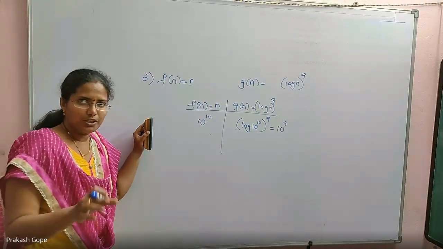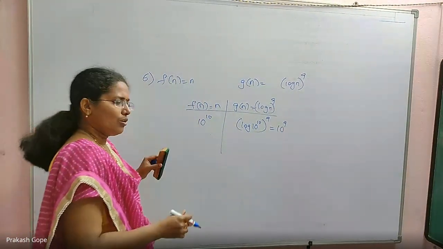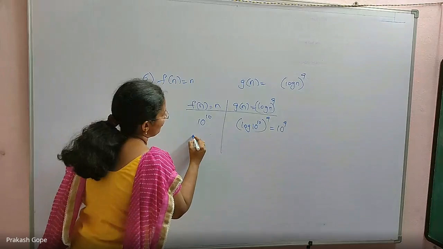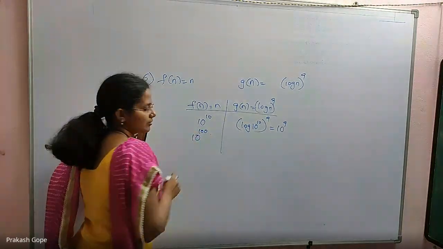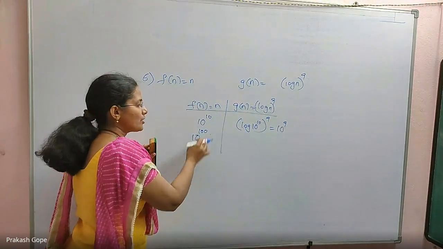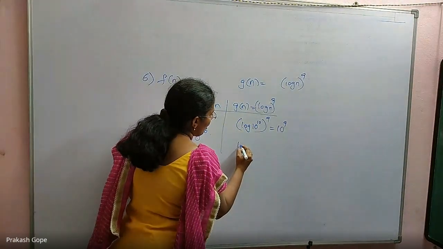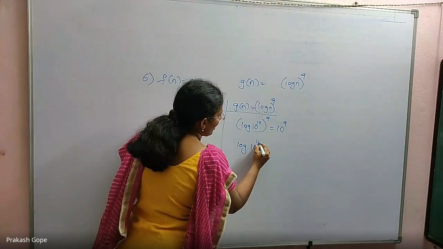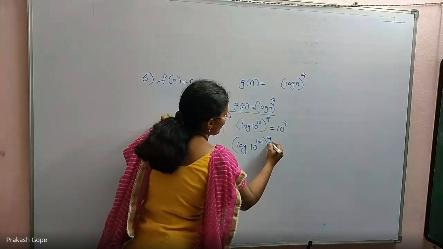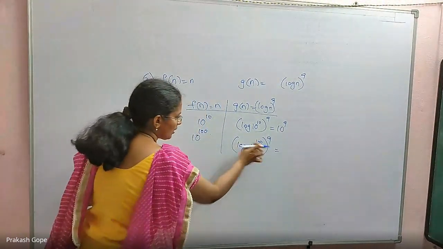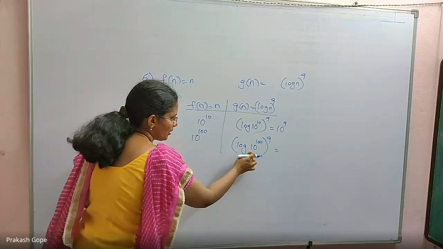Looks like almost the same, but if you are still not okay, let's go for one more bigger value. N value is 10 power 100. G of n is 10 log of 10 power 100 whole power 9. This 100 will come forward, log 10 to the base 10 is 1.